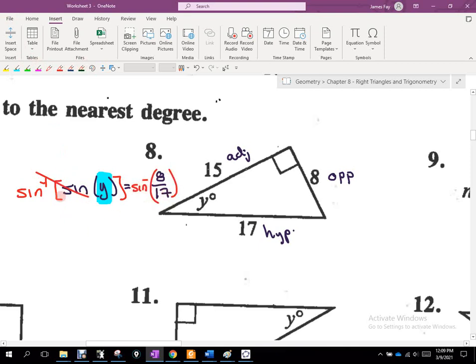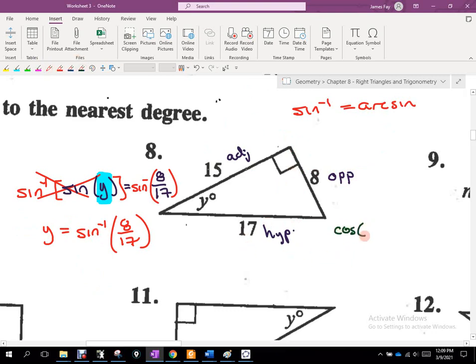Does anybody remember another notation for sine inverse other than that -1 symbol? Good. So we can use either one of those, whichever you prefer. It doesn't matter. But that would be one way of doing it. Okay. If I did cosine, anybody do cosine?